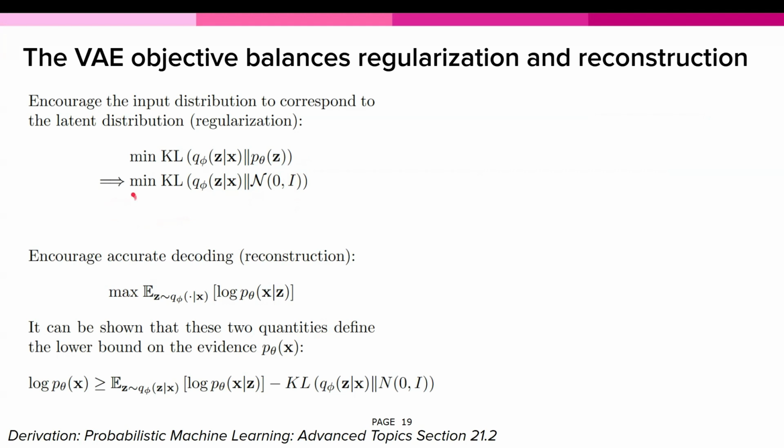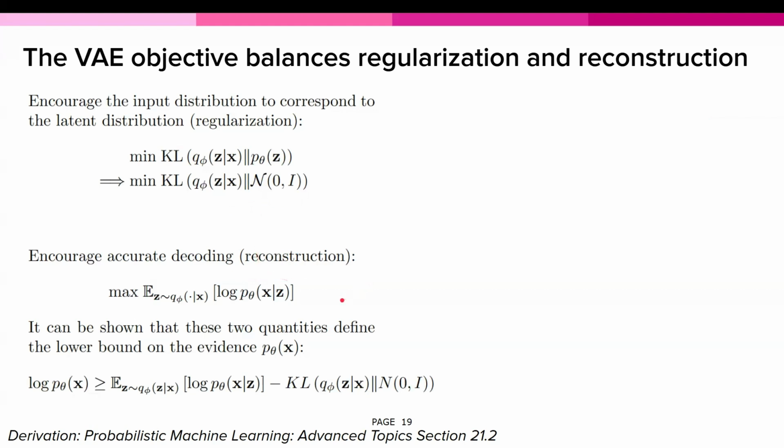Minimizing this KL divergence is going to encourage the inputs to be mapped smoothly over the latent space and aligned with the Gaussian prior. Without that term, the latent space would have those gaps and discontinuities that we saw with the deterministic autoencoder, which would lead to poor generalization when trying to generate new points.